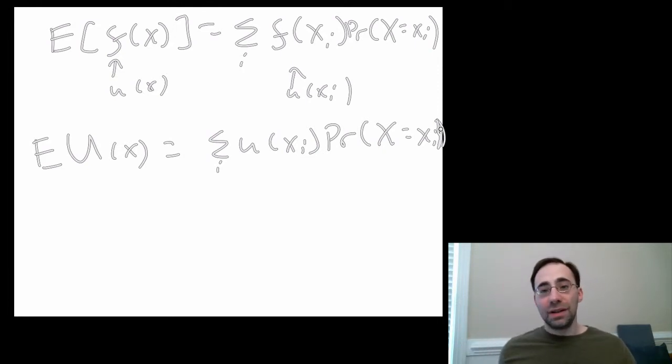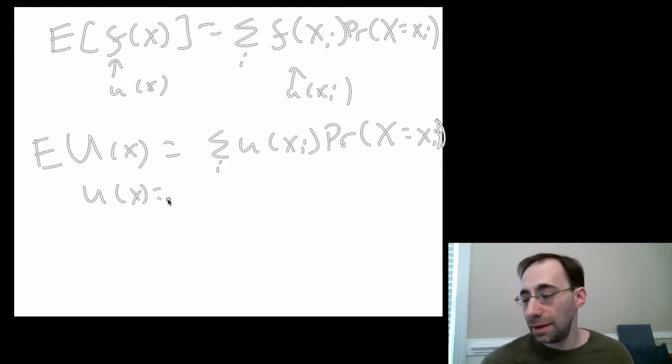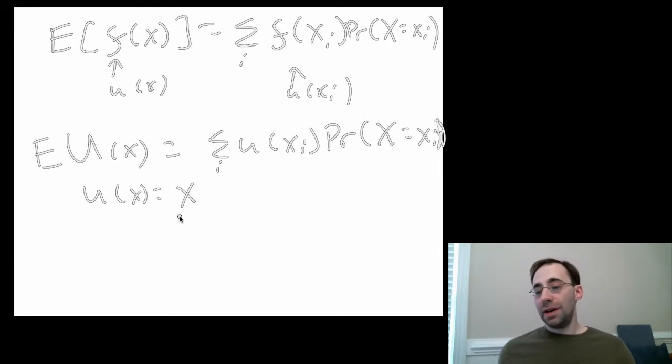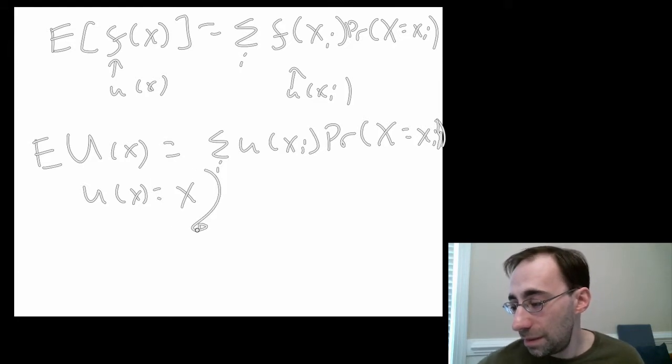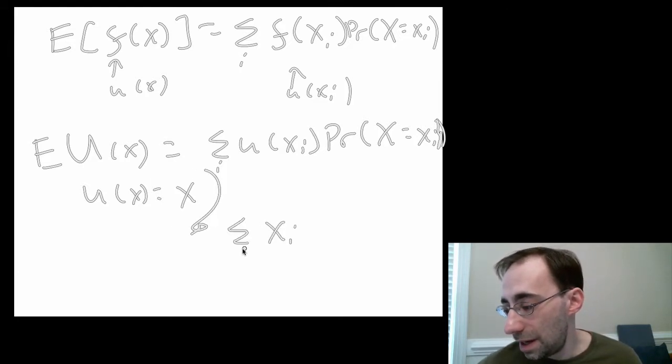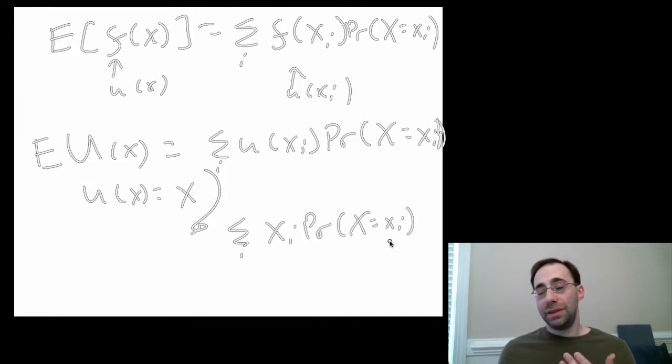How do you use it? Well, we've already seen some ways you use it. For instance, if you're perfectly risk neutral, which we'll discuss later, then you might have utility just equal to x. In that case, this thing down here becomes the sum on xi, which is just the expected value of the distribution.